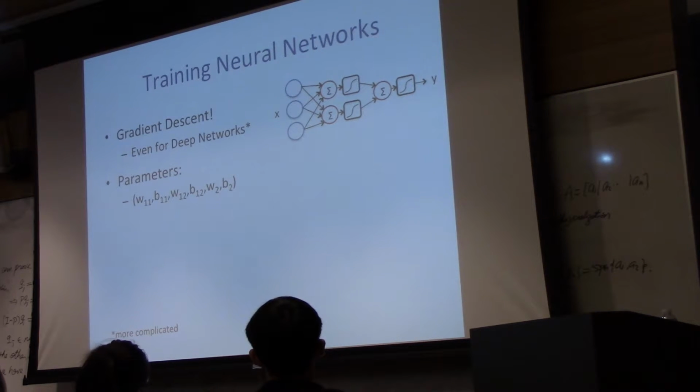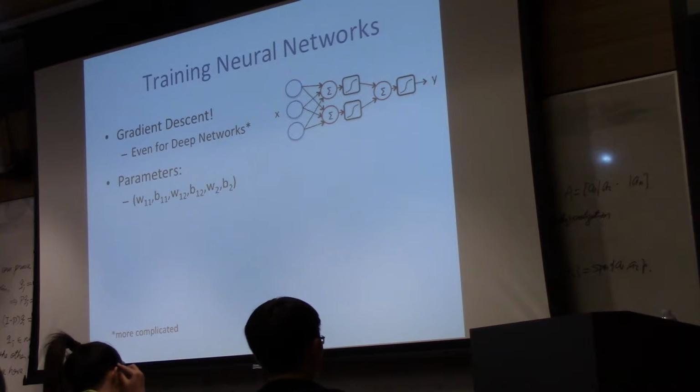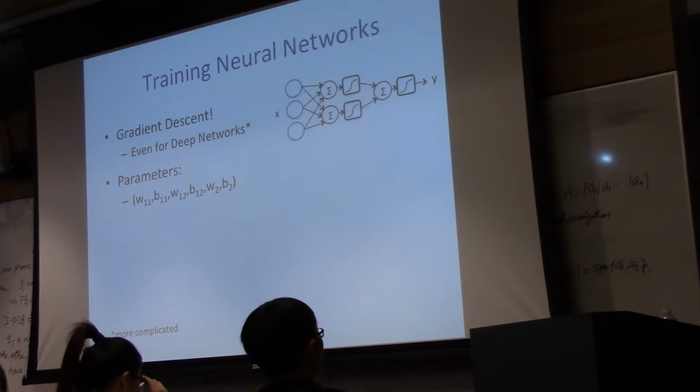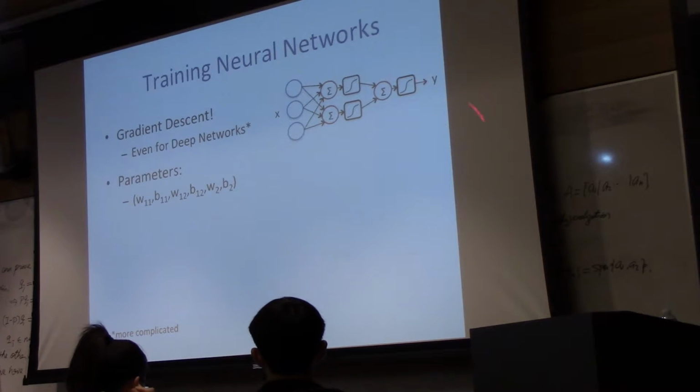So training neural networks, I'm going to train using stochastic gradient descent. Surprise, surprise. And you can even use gradient descent with some caveats for really deep neural networks as well. Let's just go for a simple example.